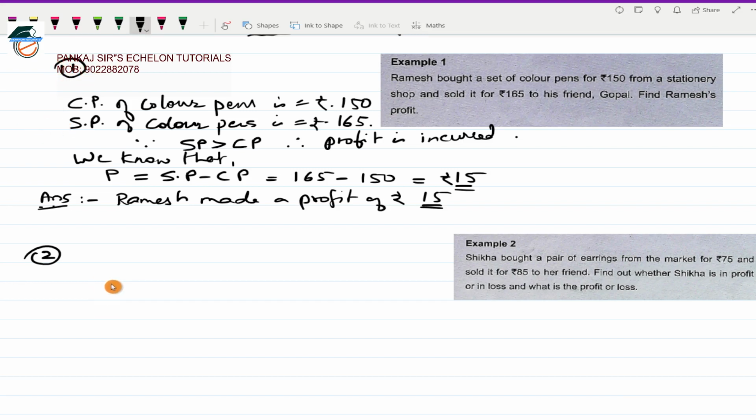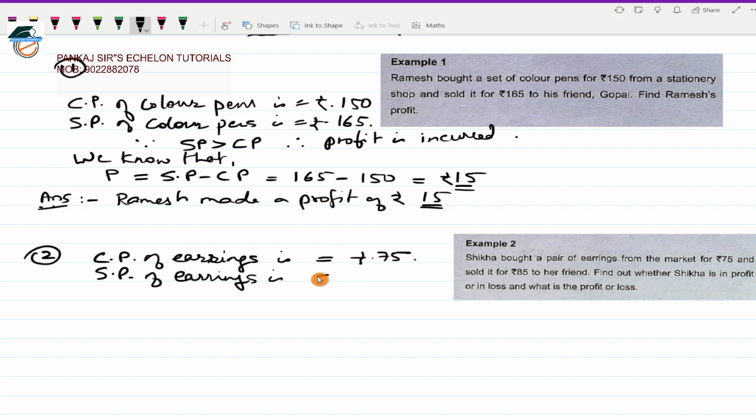This is 2. Okay. Shikha bought a pair of earrings from the market for rupees 75. So cost price of earrings is equal to rupees 75, right? Fine. And sold it for rupees 85 to a friend. So selling price of the same earrings is equal to rupees 85.